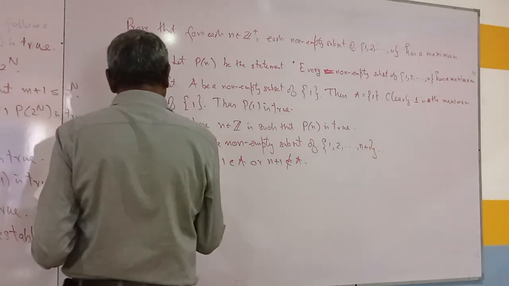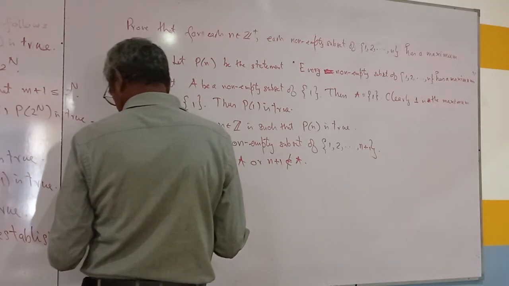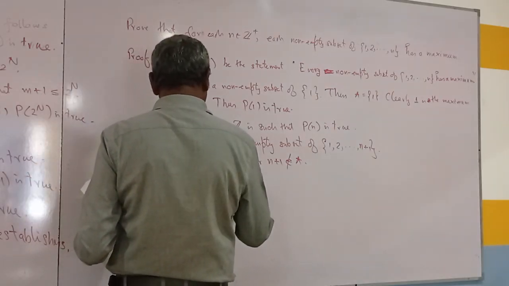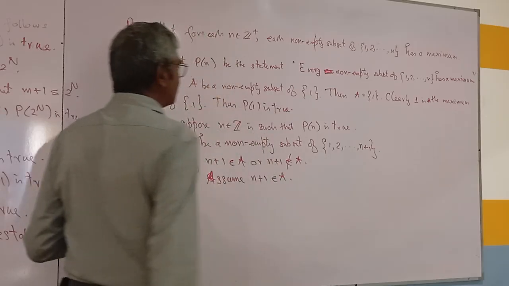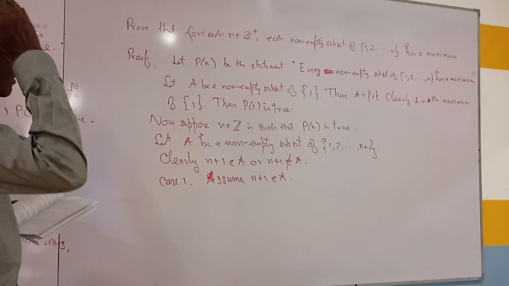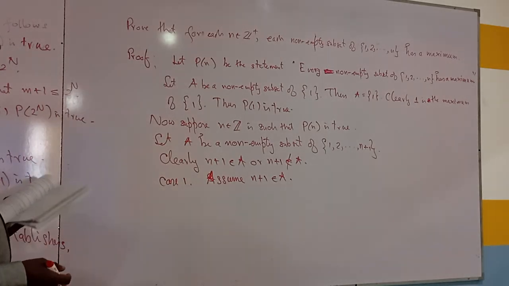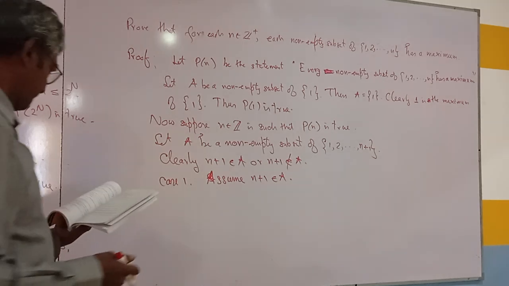Case 1, suppose n plus 1 belongs to A. Capital A is a non-empty subset of 1, 2, all the way up to n plus 1, and I am assuming n plus 1 belongs to A. Therefore, n plus 1 must be the maximum.